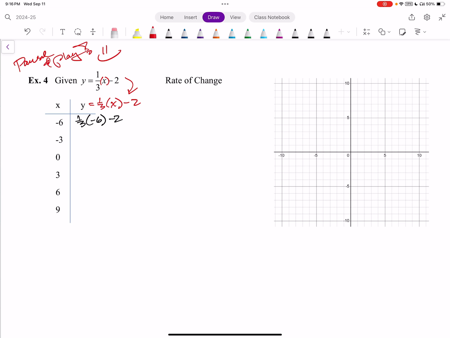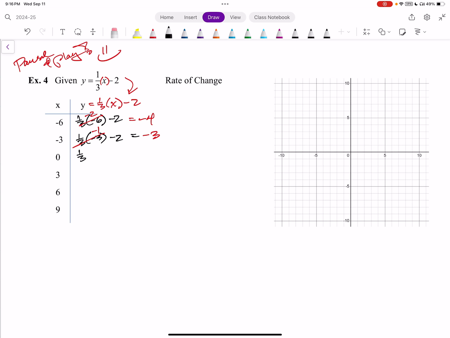Now -6 divided by 3 is -2, minus 2 is -4. Once again, you have to be good at arithmetic. Next one, 1/3 times -3 minus 2. Well, -3 divided by 3 is -1, and then minus 2 gives you -3.